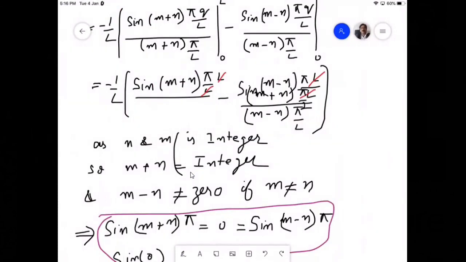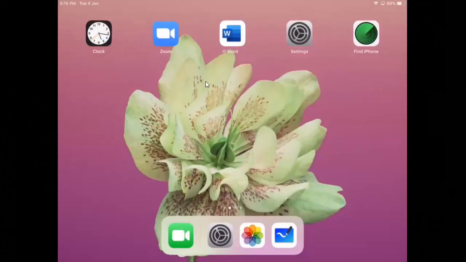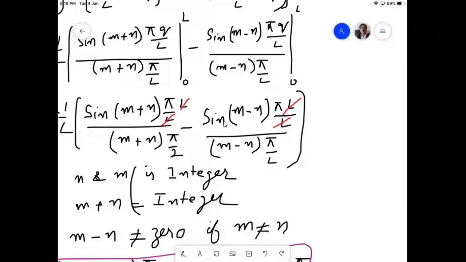One minute, please. If m and n are the same, then it will become a 0 by 0 form. m minus m, there will be a 0 at the denominator and numerator. m minus n will be 0 and m minus n will be 0, 0 divided by 0. So this becomes a 0 by 0 form.